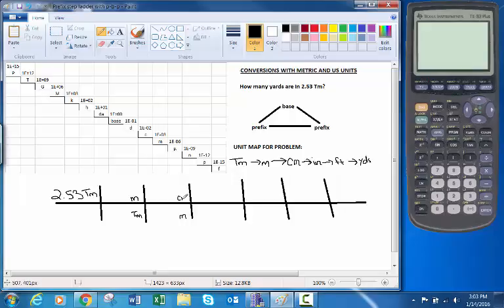So we'll put our centimeter unit here. Centimeter on top means that centimeter goes to the bottom. And this time we're going to convert that centimeter into inches. Inches on top means that we put inches on the bottom.